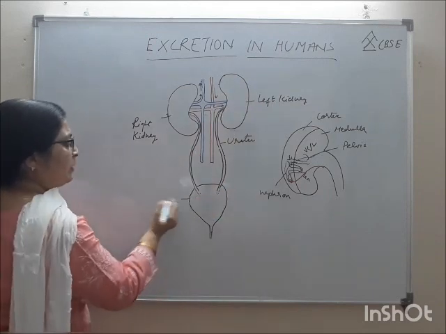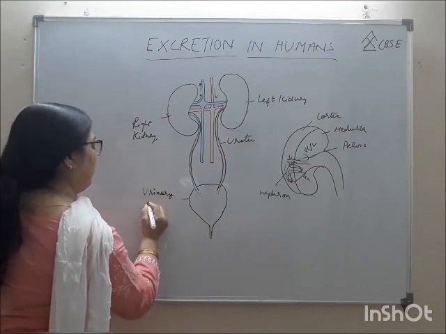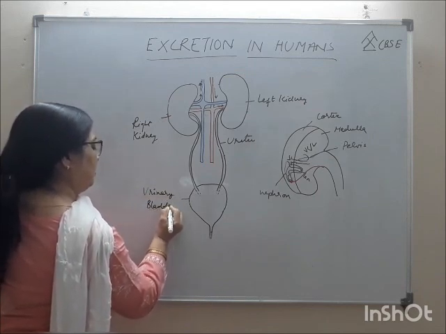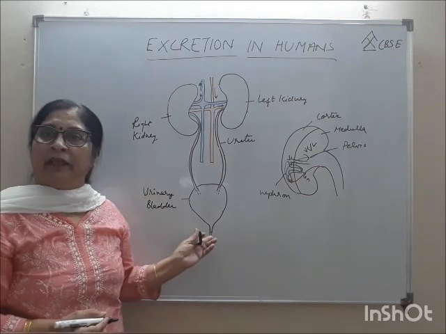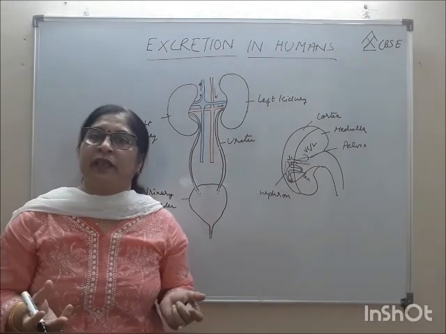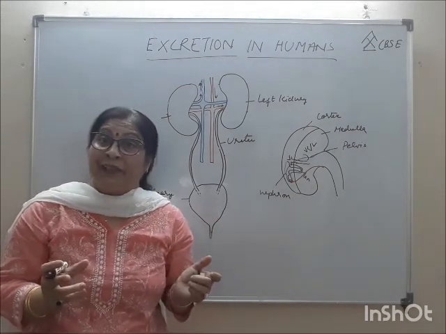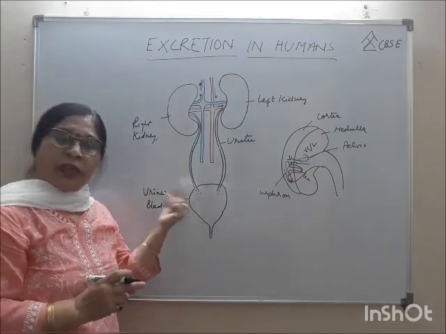This is a hollow muscular structure known as urinary bladder. And this bladder, ये क्या करता है? यूरिन को स्टोर करके रखता है temporarily, not permanently, temporarily. Temporarily it stores urine.